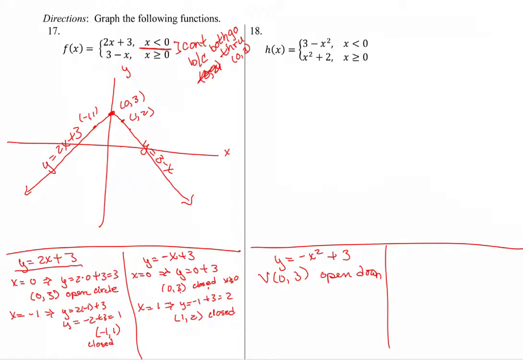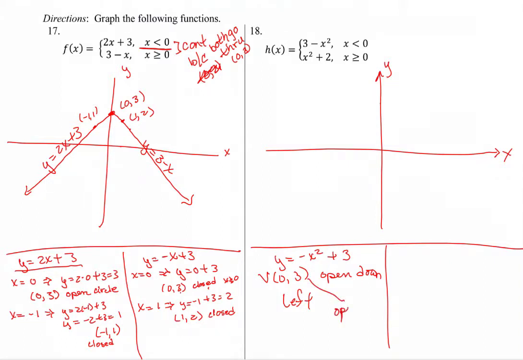And this is on the left side. So this is x, this is y, and I go to 0, 3, and I have an open circle.